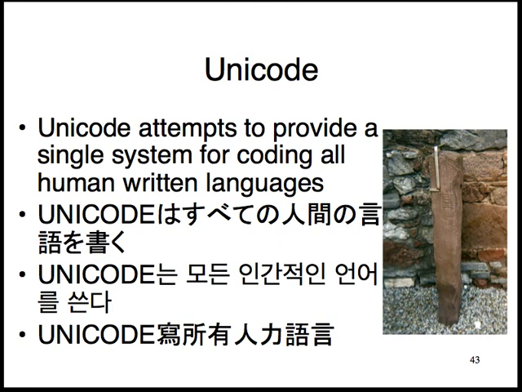So to solve all of these problems, a bunch of people got together and started work on Unicode. Unicode is sort of like a UN-style coding system whereby this one system will code all of the world's written languages.